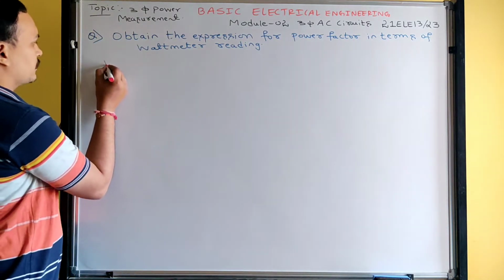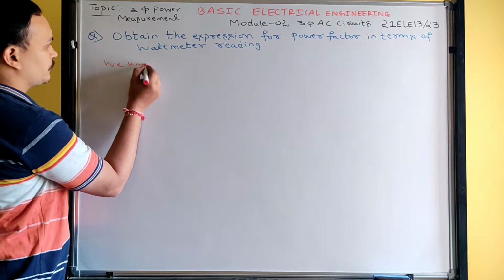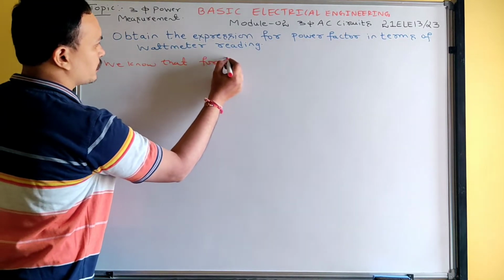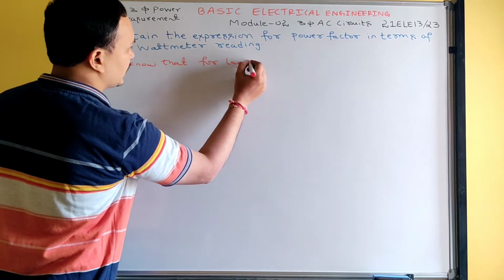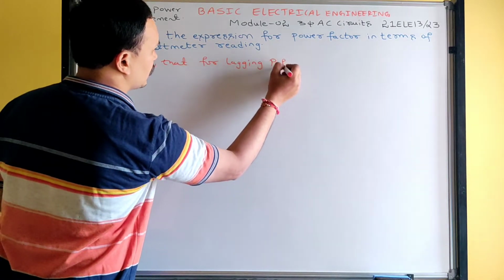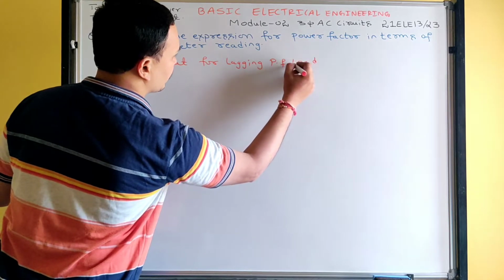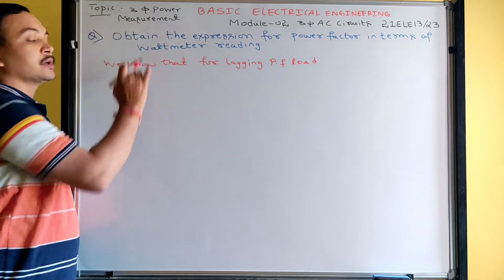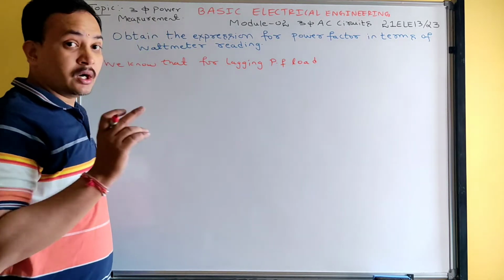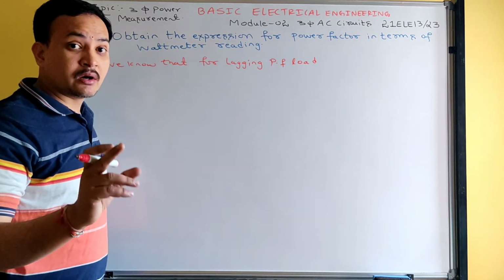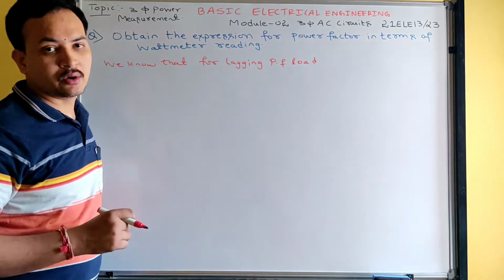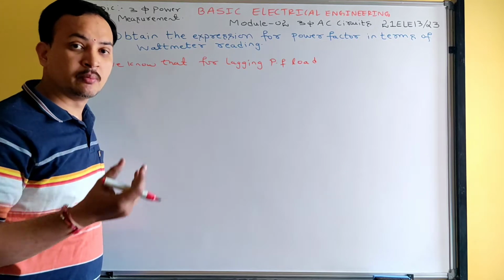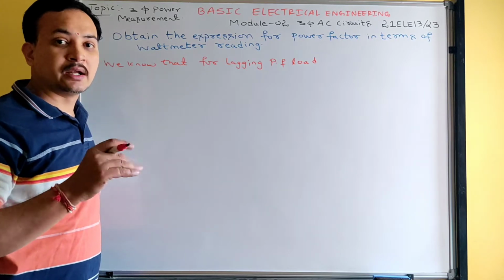So we know that for a lagging power factor load, why I have taken lagging power factor: in the measurement of 3-phase power by the 2 wattmeter method, I got the W1 reading VL IL cos(30 minus phi), and the W2 reading VL IL cos(30 plus phi). I got those readings assuming the load is inductive.